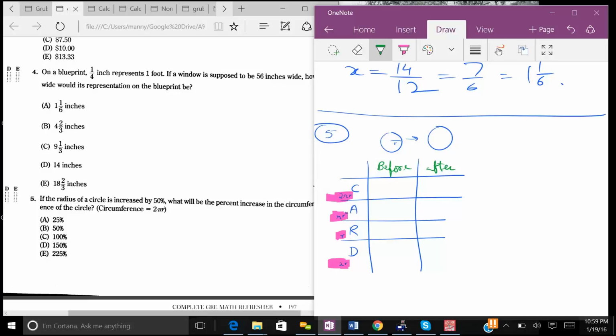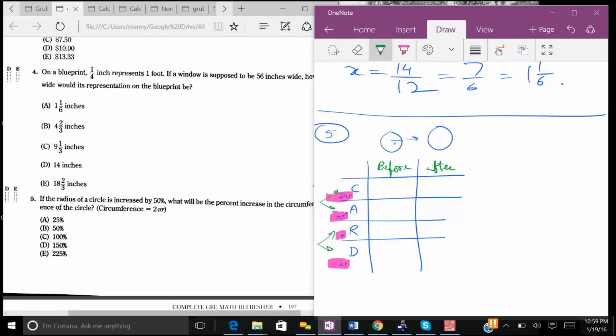Everything is related to the radius. Also, I see students mix up circumference and area sometimes. I see students mix up radius and diameter sometimes. If you have a CARD chart, you're not going to make that mistake. Get it?